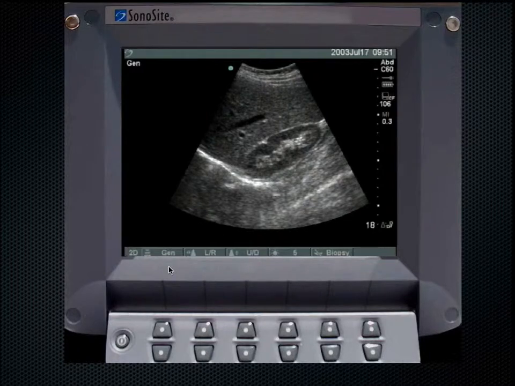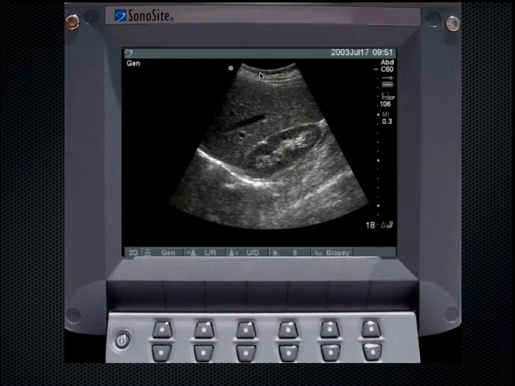Now, some ultrasound products show the actual frequency somewhere on the ultrasound screen. I'm discussing this type of product here, which uses words instead of numbers. I've seen some other manufacturers use words, whereas other manufacturers like using numbers. So either way, general is the middle frequency range. So if this particular transducer went from 3 to 5 megahertz, the general range would be at 4 megahertz, right in the middle.